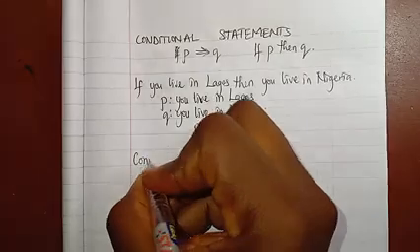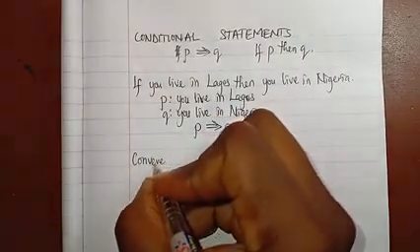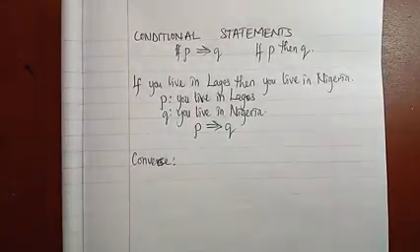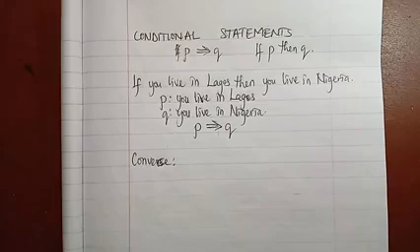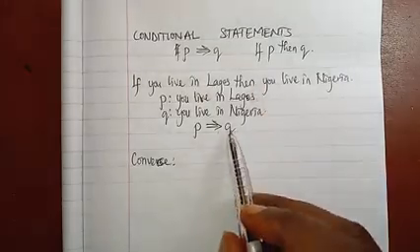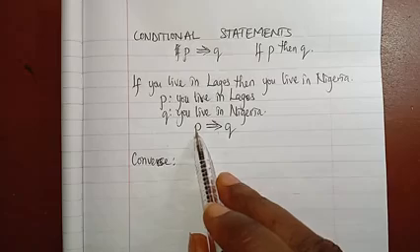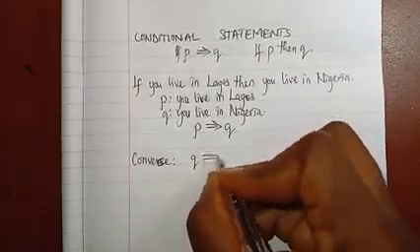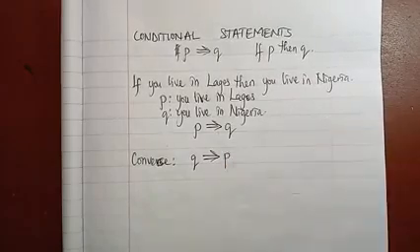Good. Let's delve into writing the converse statement. Let's learn how to write the converse of a conditional statement. Converse means we start from the consequence, then end up at the antecedent. So converse in symbol form will just be Q, then P. Easy, right?